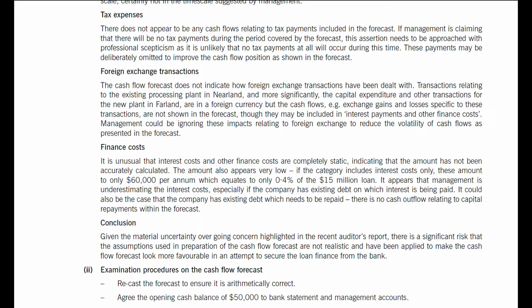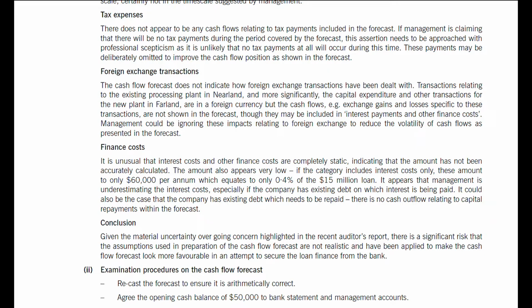If the category includes interest costs only, this amounts to only $60,000 per annum, which equates to only 0.4% of the $15 million loan. It appears that management is underestimating the interest cost, especially if the company has existing debt on which interest is being paid.